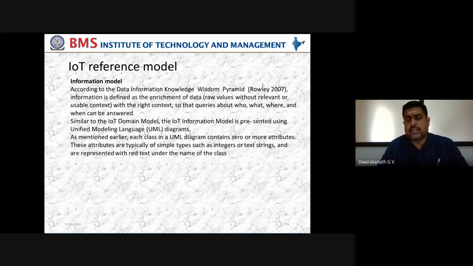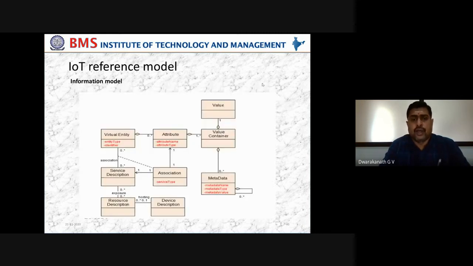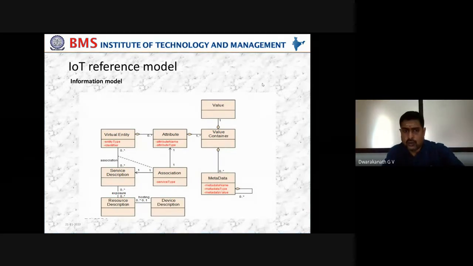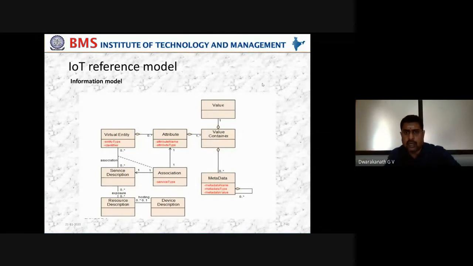So like this, when you give a value to the variables, it gives some meaning to the entity. The same thing here: the class, meaning the entity, will be defined with the values of the attributes. Coming to the information model, now you can see this model diagram using UML.